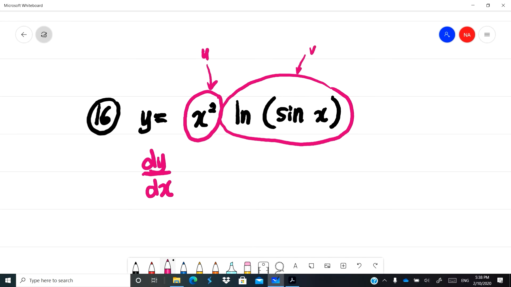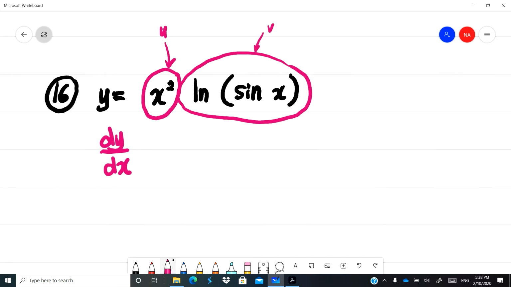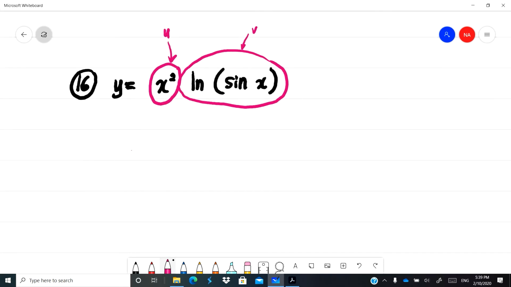Before we use the formula for the product rule, you have to differentiate u and v itself. Firstly, we identify u as x squared and v as ln of sine x.